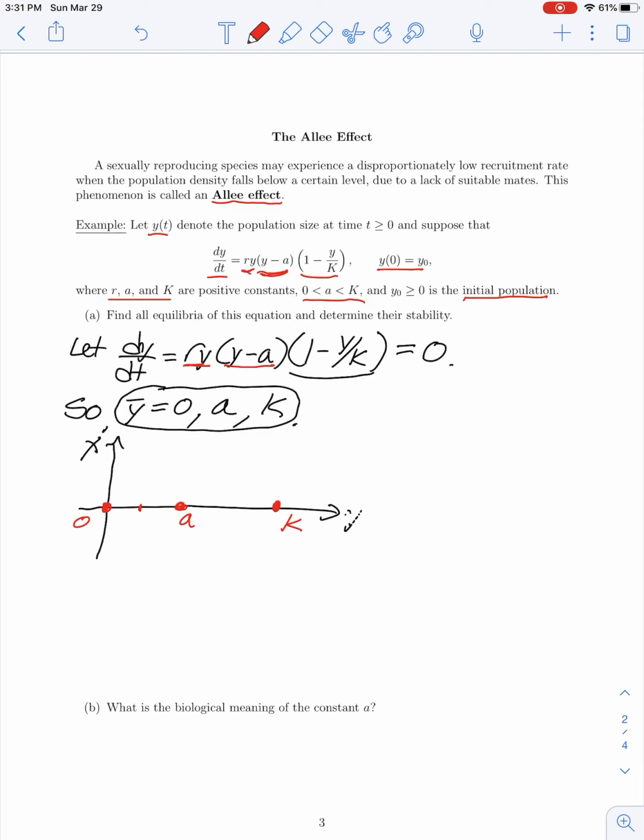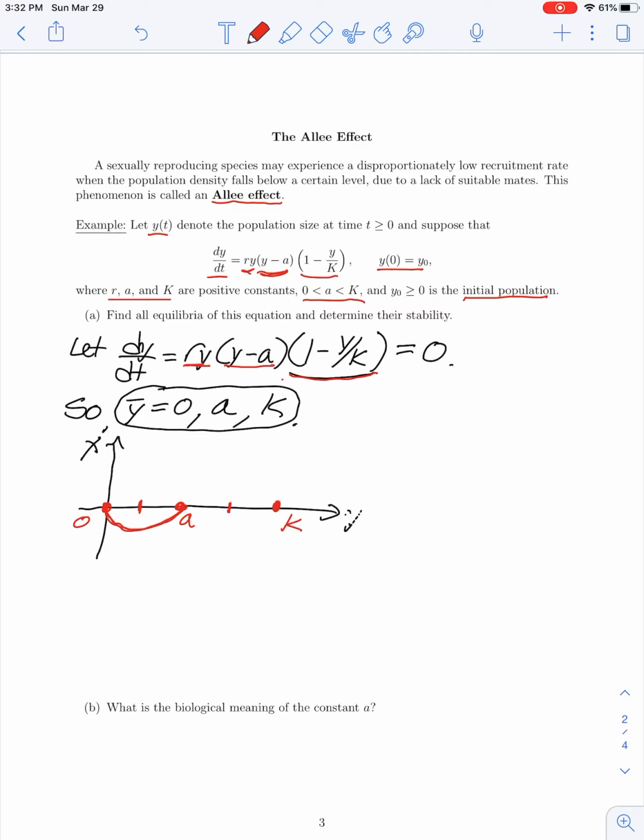And if y is less than a, well, we were told a lies between 0 and k, so that means we're also less than the value k. So this third factor, 1 minus y over k, is 1 minus some number less than 1, which would be positive. So we find the product of a positive, a negative, and a positive is a negative number. So the graph of our derivative falls below the horizontal between 0 and a.